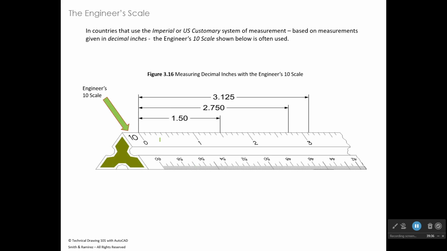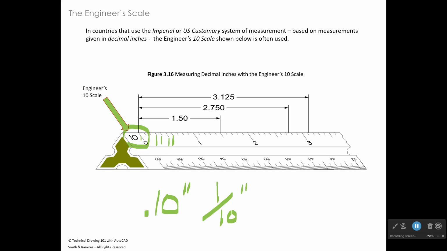So I just want to point out the two things about the engineering scale. Here we have the engineer's 10 scale, and each increment on the engineer's 10 scale is 1/10 of an inch. Or you could think of it like that, 1/10 of an inch.